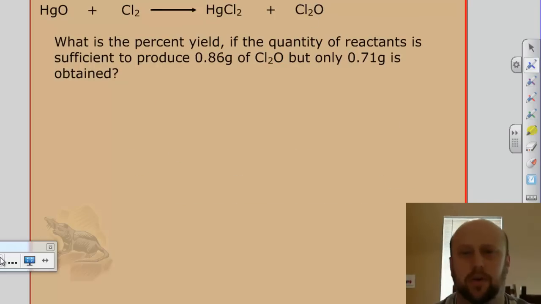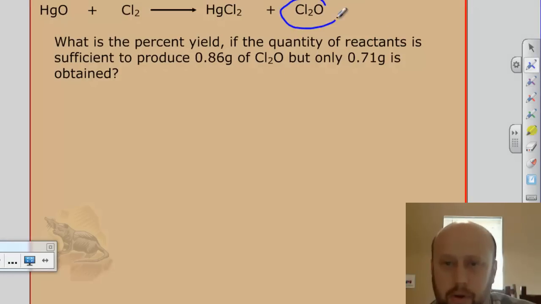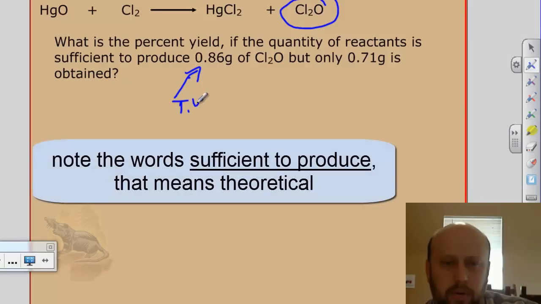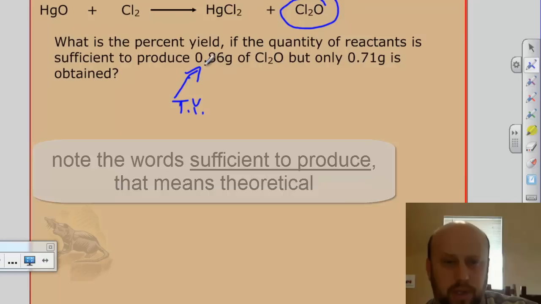Let's look at this problem. What's the percent yield if the quantity of reactants is sufficient? In other words, they don't tell you how much reactants there are, but they give you two other numbers that are both products. Cl2O is a product. So it's sufficient to produce 0.86 grams. In other words, this number is my theoretical yield. How do I know that? Because it says it's sufficient to produce 0.86 grams.